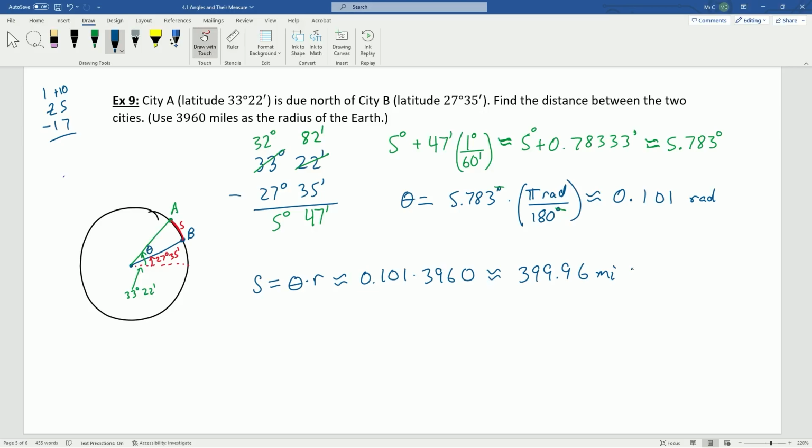I think it would be safe to round that to 400 if you wanted. Okay, so that's one of the important tools that we have available once we use this radian relationship, which allows us to relate the arc length to the radius of our circles.